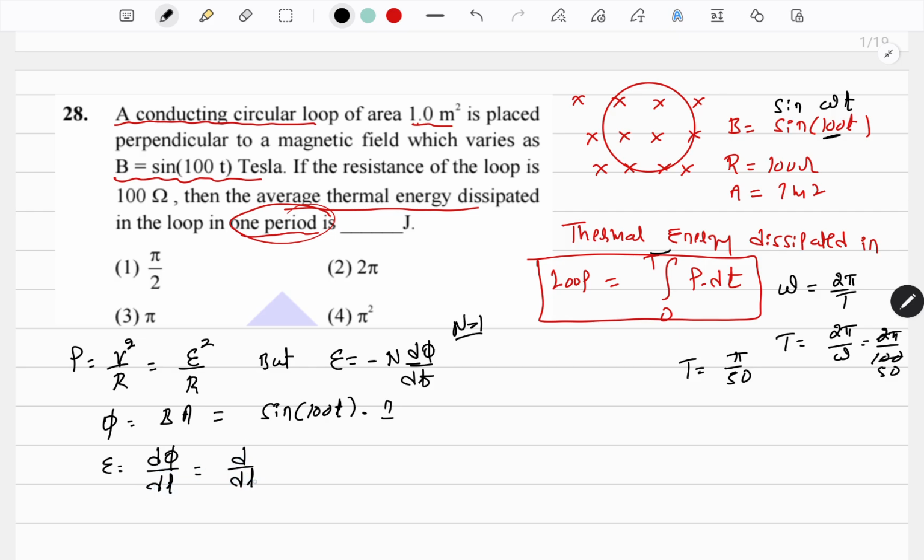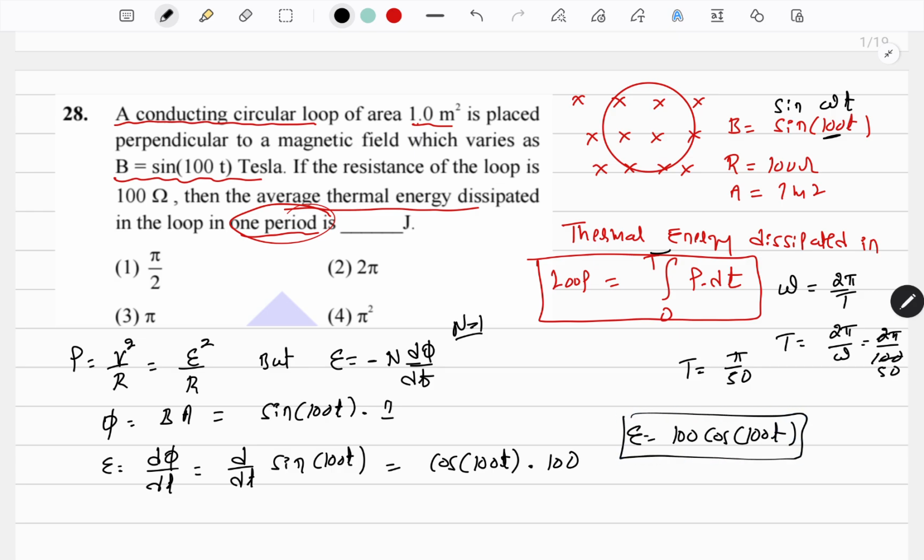What is the differentiation of sin 100t? It is cos 100t into the differentiation of 100t, which is 100. So EMF is equal to 100 cos 100t.